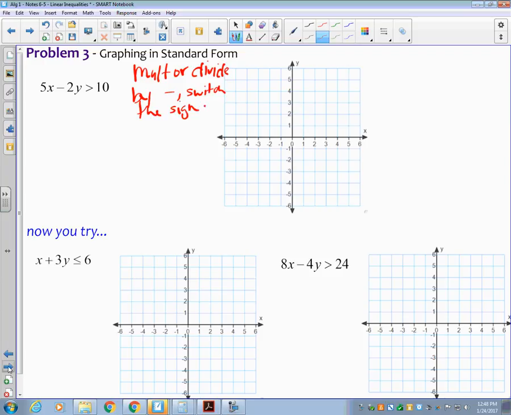We are going to be on the lookout for when we multiply or divide by a negative, our sign switches. So we want to make sure we don't get bamboozled by that.